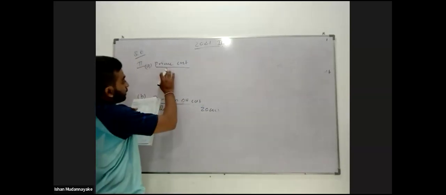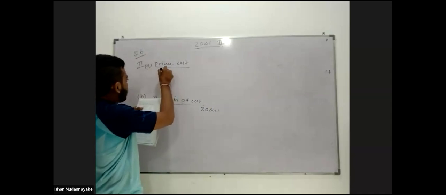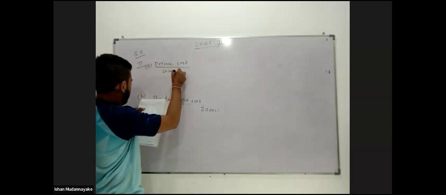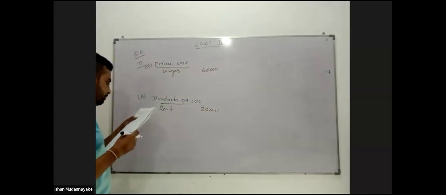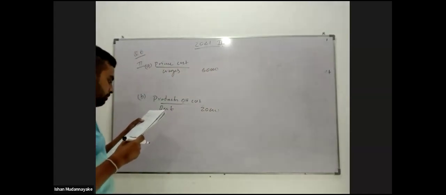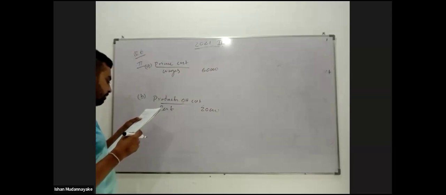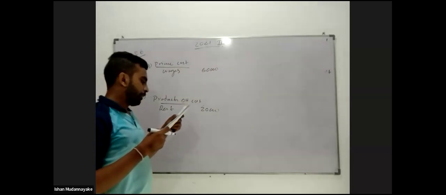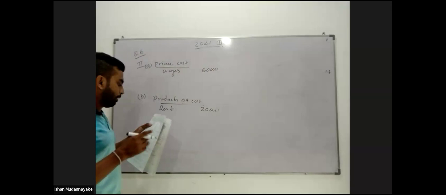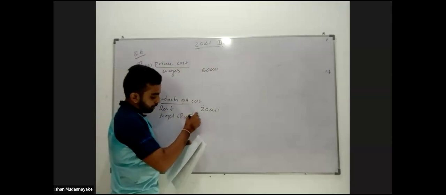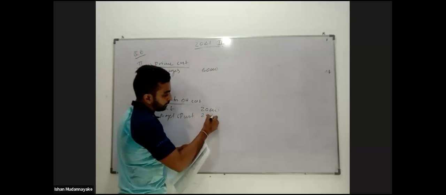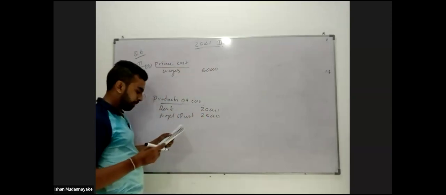Wages are direct labor cost. Wages 60,000, direct labor cost. Now wages of watchmen, security expenses 25,000, indirect labor.